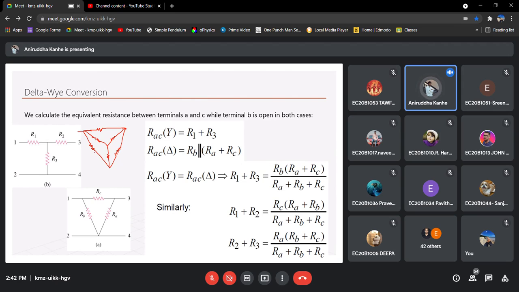Let us assume that this is A, that's B, and that's C. Okay, I have superimposed it.